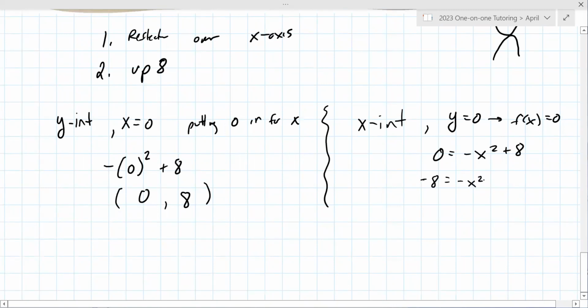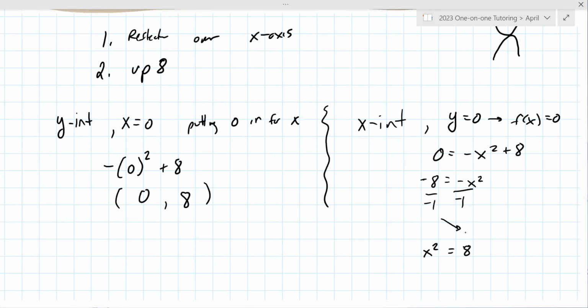Now what do you see? What if we divide by -1? I'm just going to flip the positions here, so it's 8 on the right, x squared on the left. Now we can do the square root.